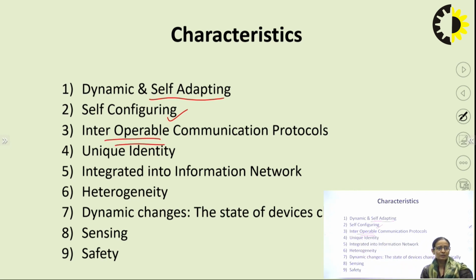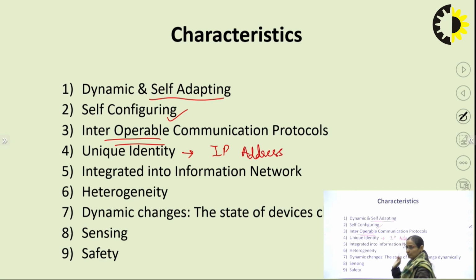All the devices should have the ability to gain a unique identity. What does this term mean? It means that all the devices have the ability that we can assign an IP address to them. If we are able to attach an IP address with a particular device, then we can uniquely identify it.